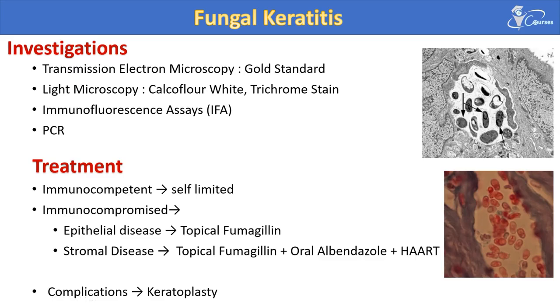So how would we treat those patients? For the immunocompetent, it will be self-limited, so usually there is no need to treat those patients for microsporidial keratitis. For immunocompromised, it will depend on the level of infection, whether it is epithelial or stromal.